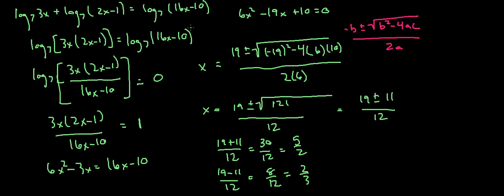Or is it? 2 times 16 is 32 divided by 3. Yeah, it's greater than 10. So this is a solution. And then 5 over 2 is greater than 2 over 3. So if 2 over 3 works, then 5 over 2 works as well. So the solutions are 5 over 2 and 2 over 3.